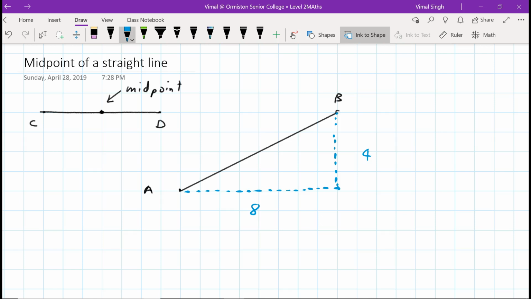And if we look at the straight line over here, the halfway mark is going to be at that point, and if I go straight up, that is going to be there.